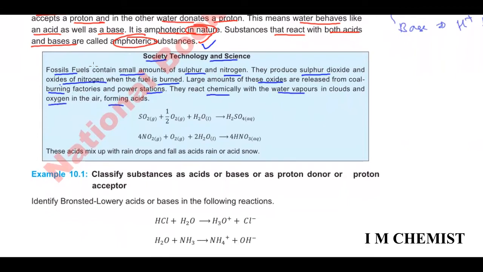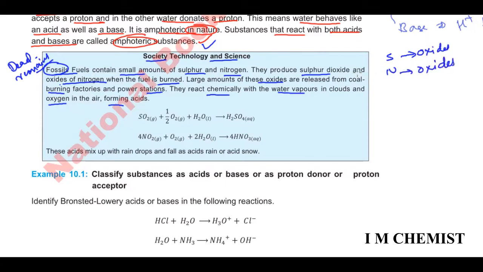What are fossil fuels? The remains of dead animals and plants, dead remains of animals or plants which were once living. Fossil fuels contain small amounts of sulfur as well as nitrogen, and sulfur has its own oxides and nitrogen has its own oxides.